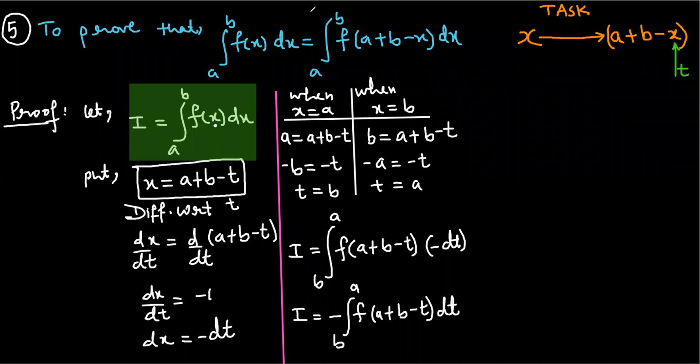Now this time I use the property. Why do I use the property? Because it is b to a and I want to write it a to b.